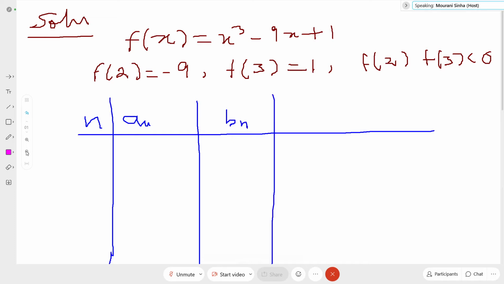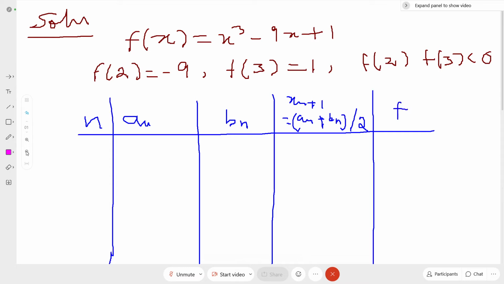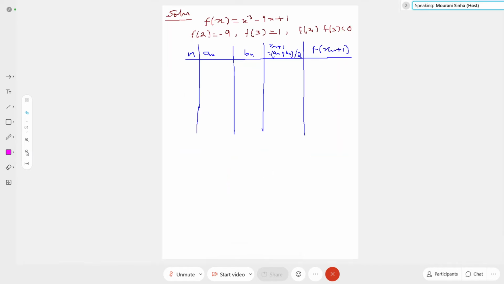Then the next column will be xn plus 1, which is an plus bn by 2. And my final column will be f of xn plus 1. So these are my columns and I will proceed.